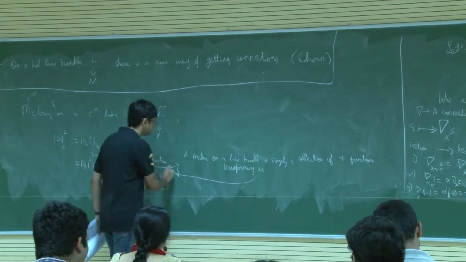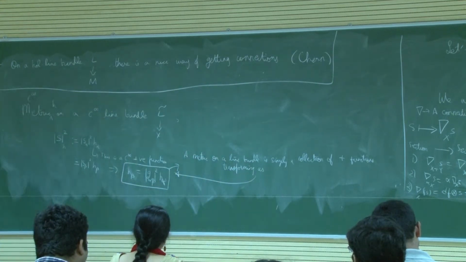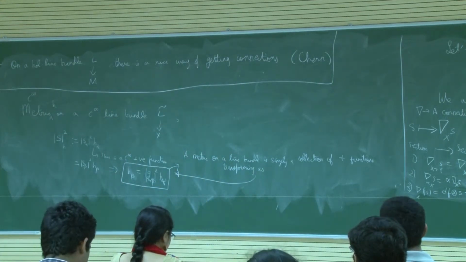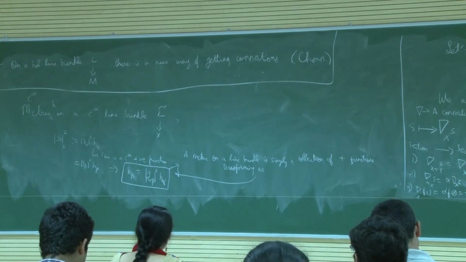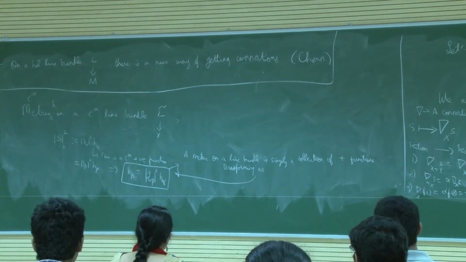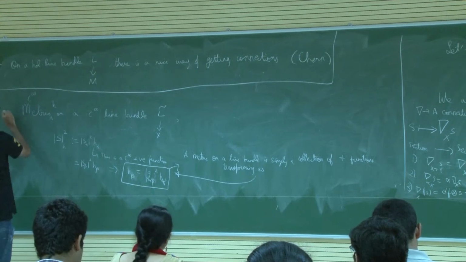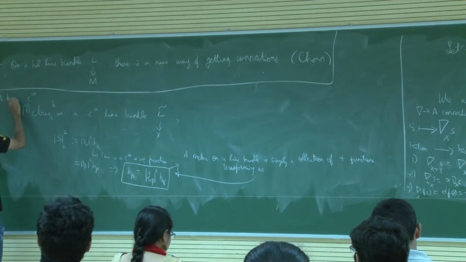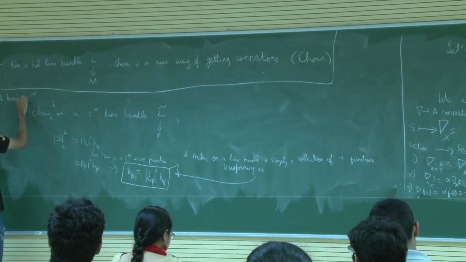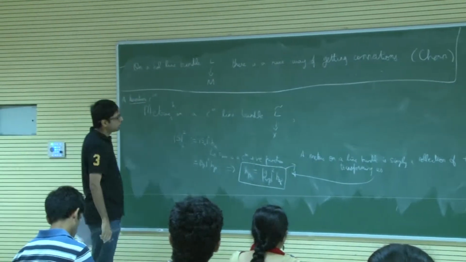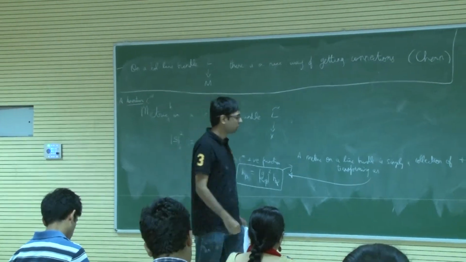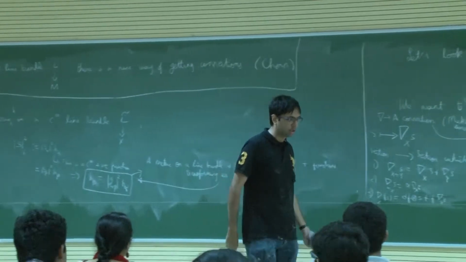Okay? This is a Hermitian metric because we are dealing with a complex vector space. For real vector bundles you can also define metrics, of course.